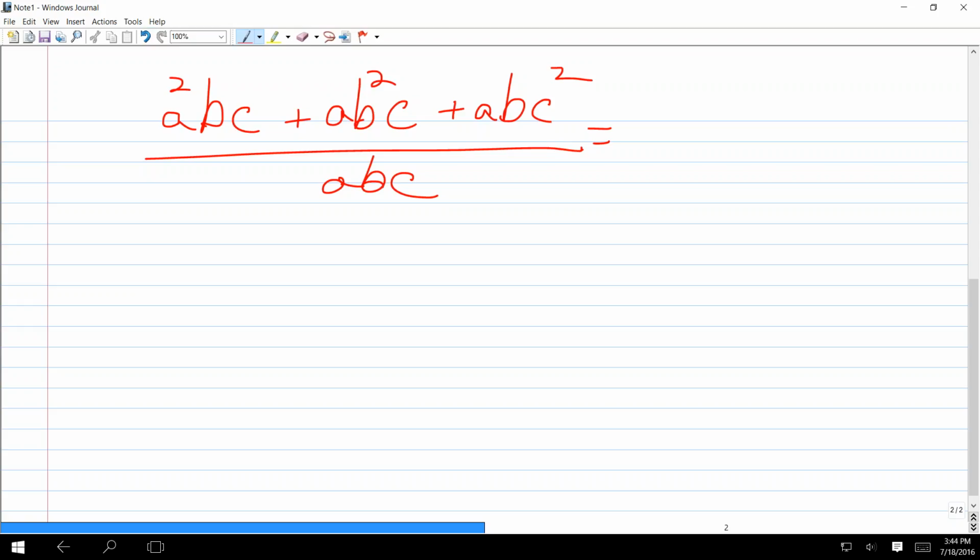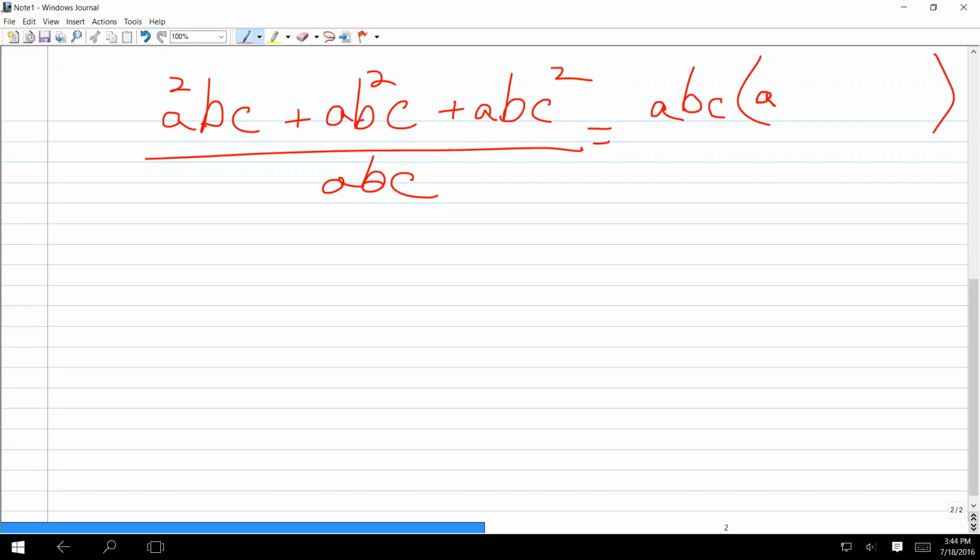What's the greatest common factor you can pull out of the numerator? An A? Well, that's one thing. I can pull an A out from each of these three terms in the numerator. What else can you pull out? B, C. Uh-huh. B and C. What's left over? A plus B plus C.